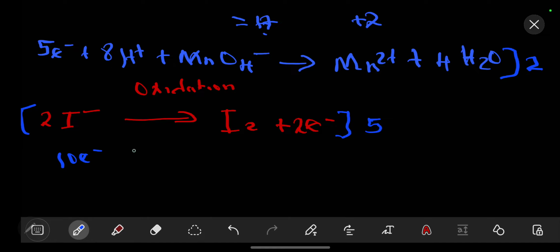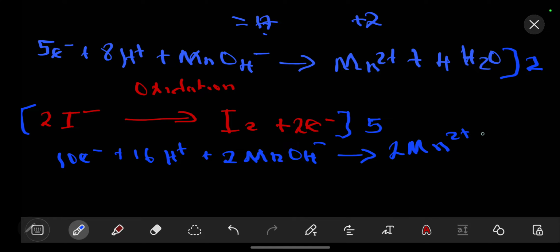This 2 times 8, we have plus 16 hydrogen ions. Then we have this 2 by manganese, we have plus 2 MnO4 negative. Then also this 2 by manganese, we are going to have 2 Mn2 positive plus this 2 by 4, we are going to have 8H2O like that. So we have multiplied there.